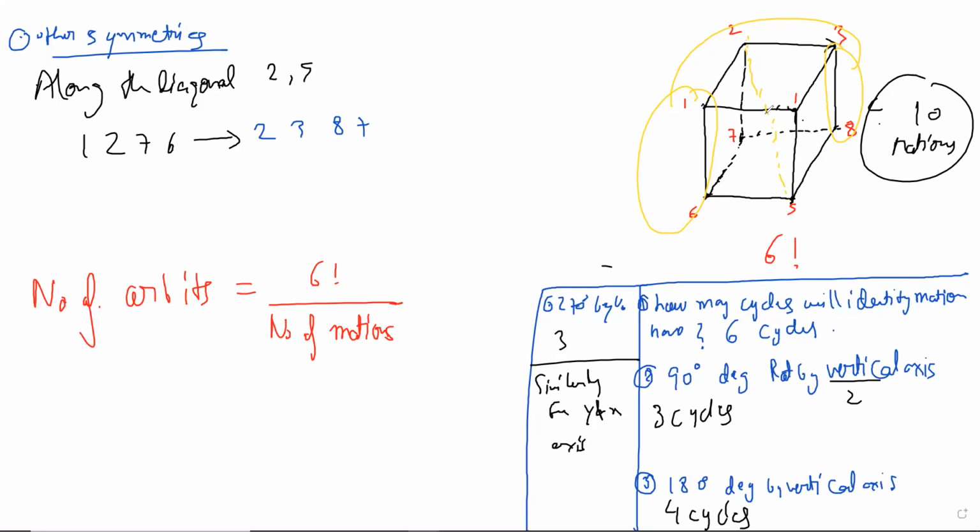Now, if you apply that rotation again, this 2387 moves down to 7856. That's just the same thing applied again, right? Basically, you see this. Then this one will become the bottom face if you apply that rotation again about the diagonal.